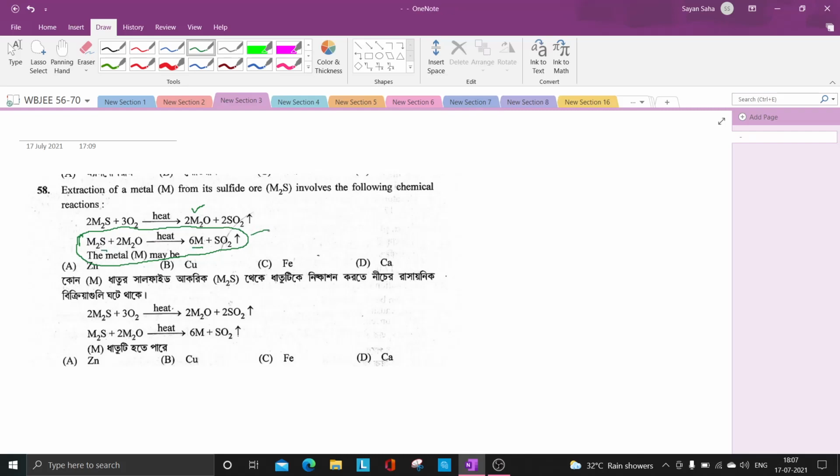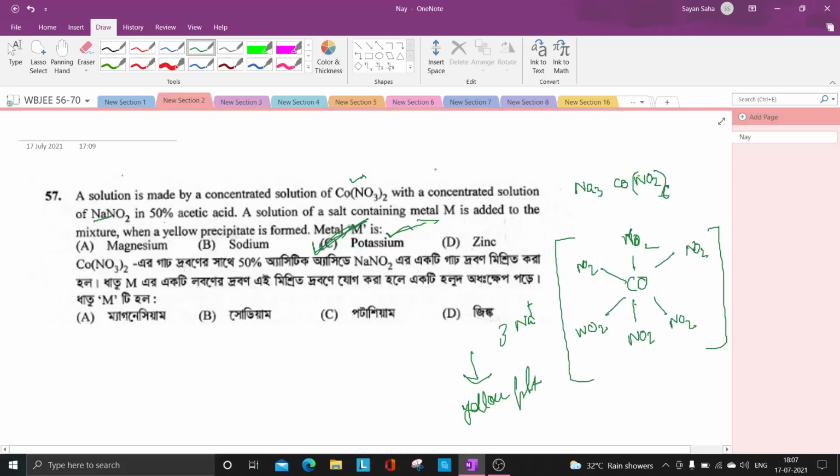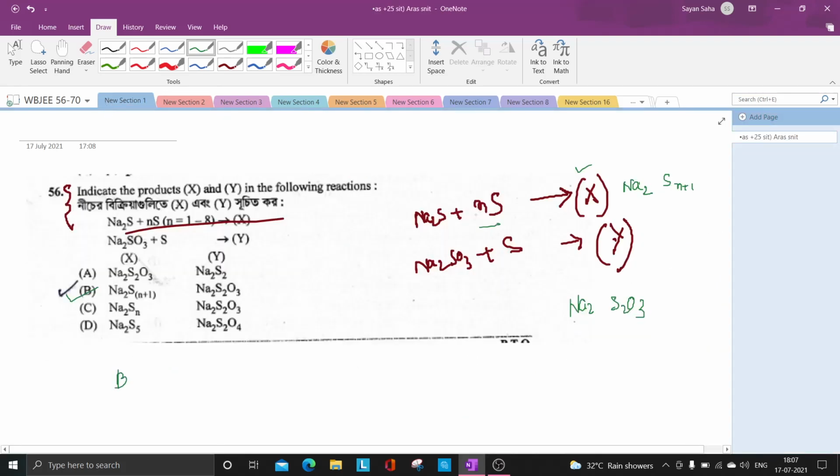Which metal is this? You will find it in your NCERT. This is copper. This gives blister copper. There are blisters in the copper you obtain. You remember? So the answer will be B. So here the answer will be B. For the second question the answer is C, potassium, and in the first one the answer is B.